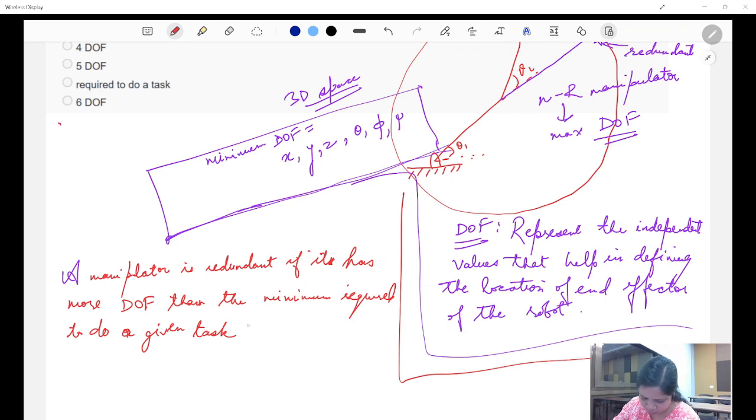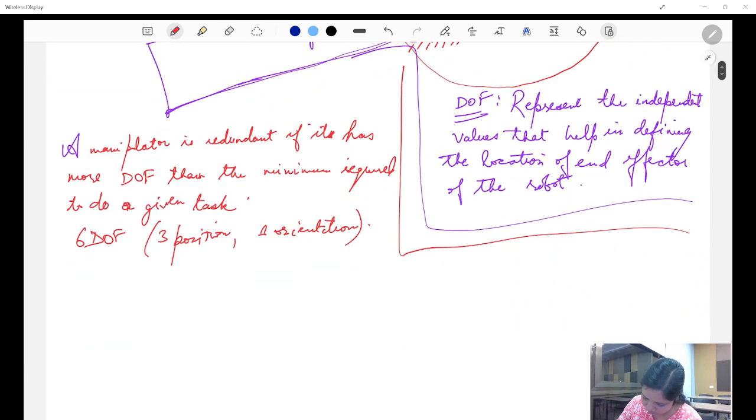Let's talk about other things also. Let's say there is a 6 DOF manipulator. Then it has 3 degrees of freedom for position and 3 degrees of freedom for orientation, right?